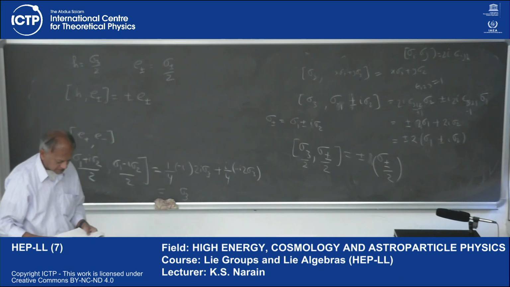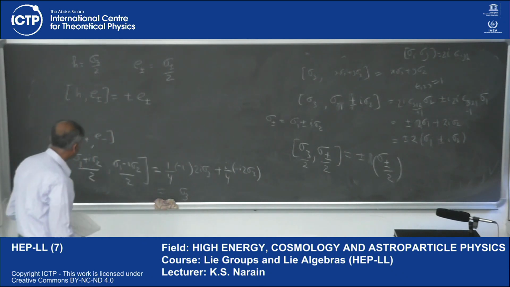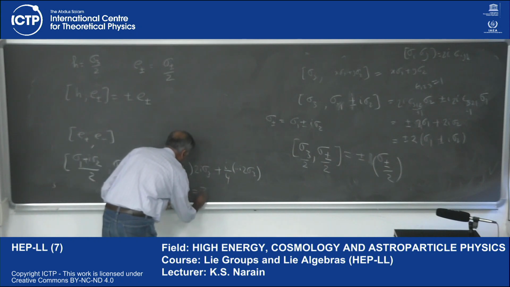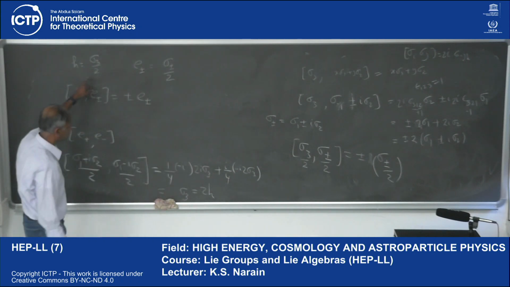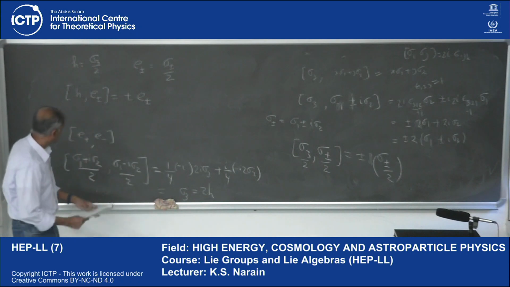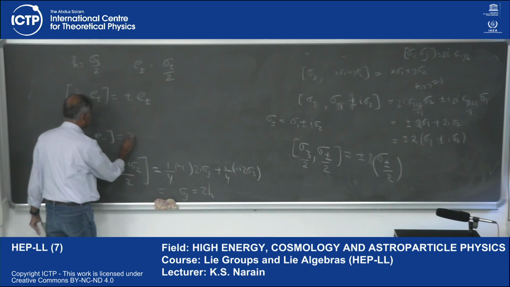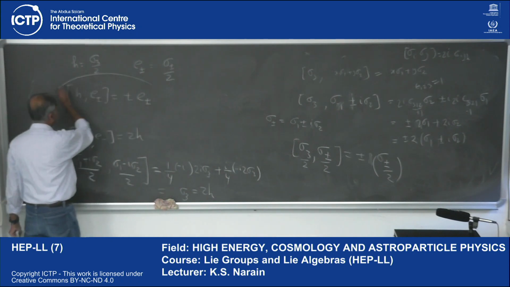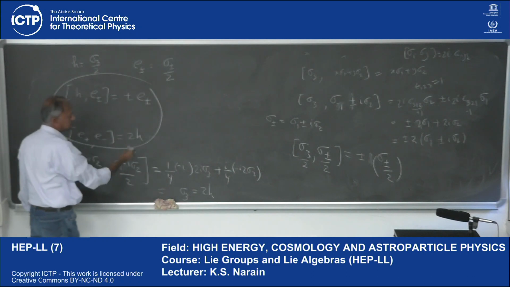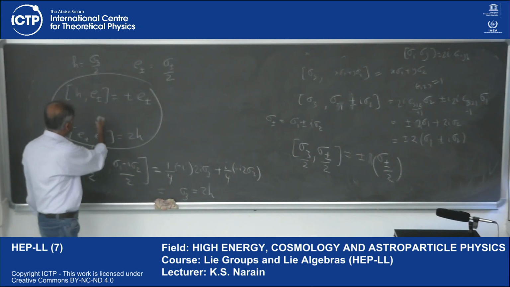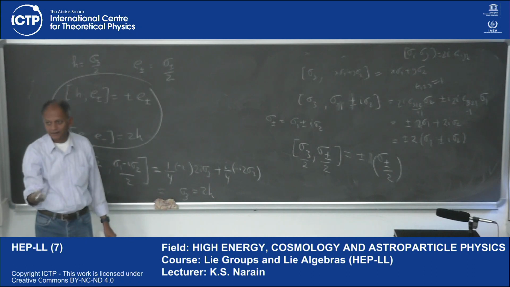So the convention, yeah, that's right, sigma 3, which is the same as 2H, because H was sigma 3 by 2. So the commutation relation is equal to H. So this is the same thing, this is the SU(2) algebra, except that I have chosen a different basis.